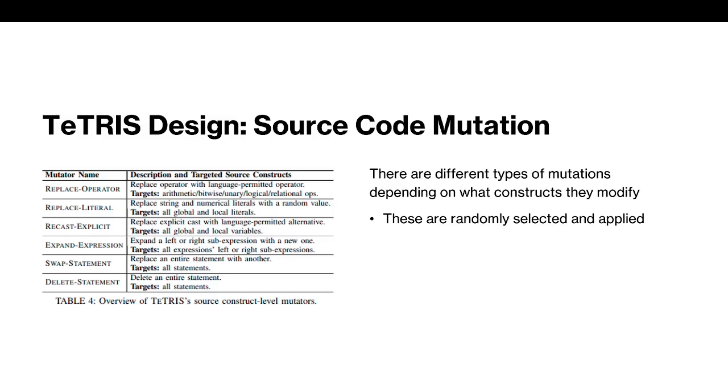Once this input is parsed and understood by TeTRIS, TeTRIS will apply a number of different mutations that will mutate different parts of the structure of the language in different ways.